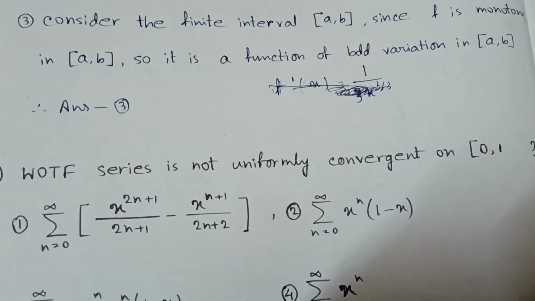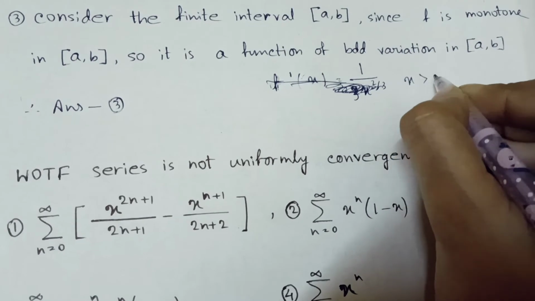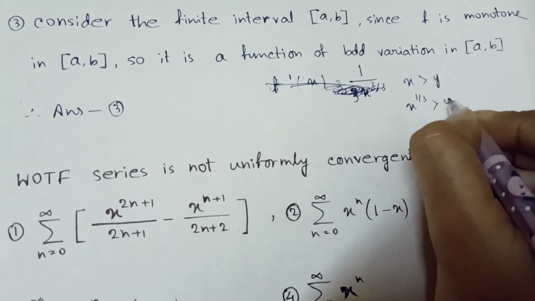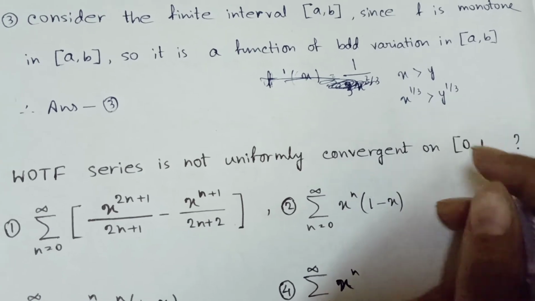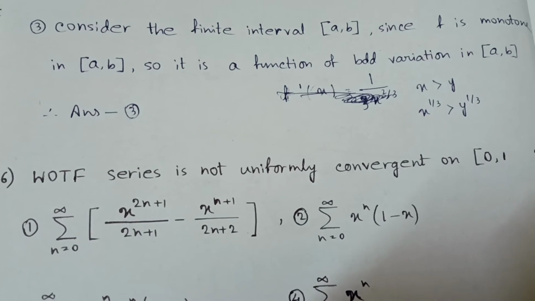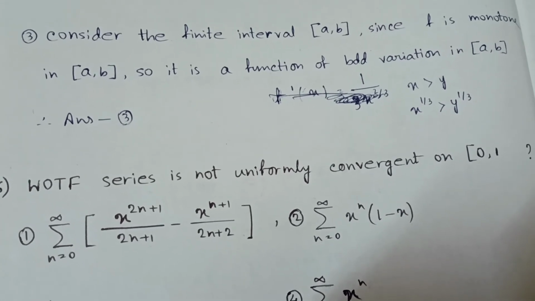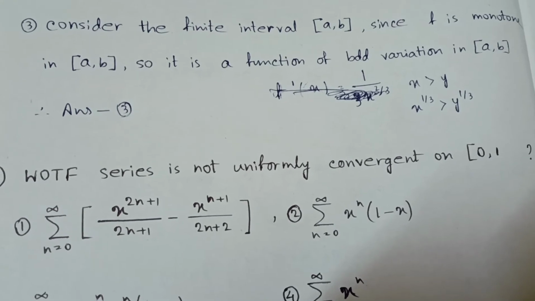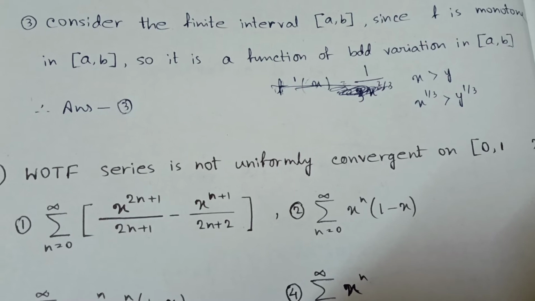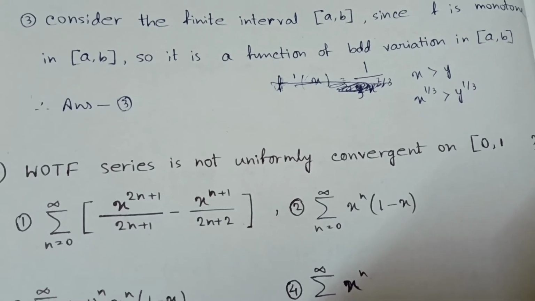Why f is monotone right there? You can see if x is greater than y, then x to the power 1/3 is simply greater than y to the power 1/3. So that is why f is monotone, and monotone functions are function of bounded variation in every finite interval. So option 3 is correct, and this simply implies that option 4 is incorrect.